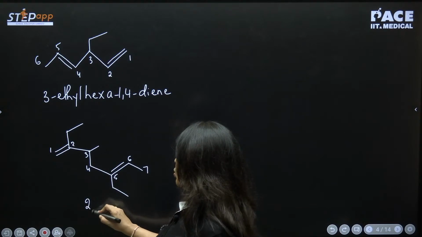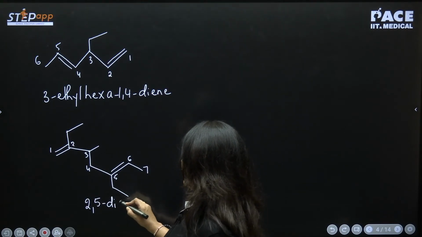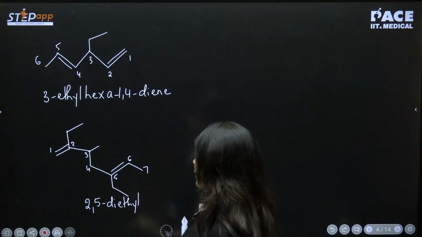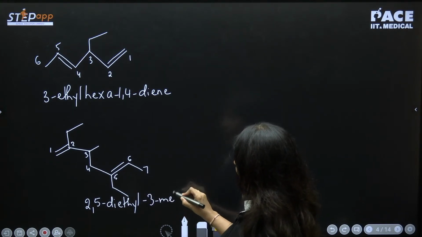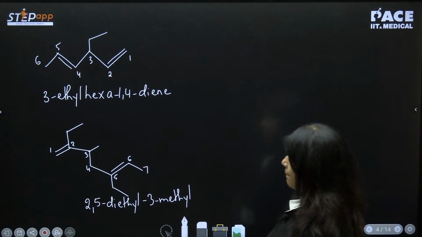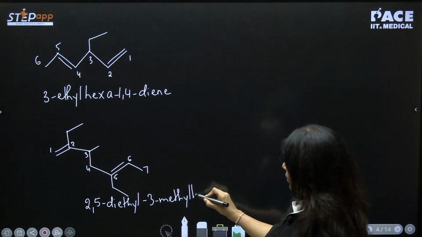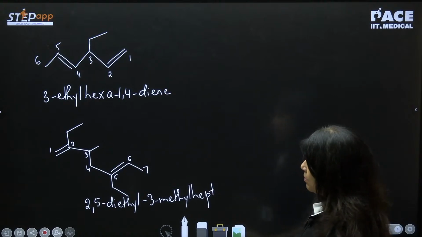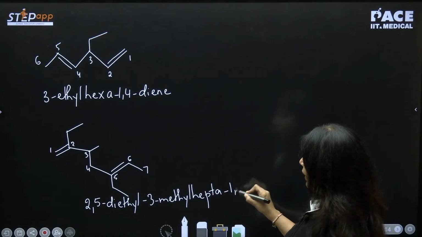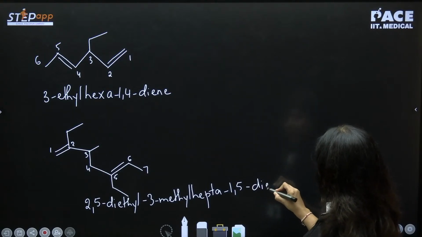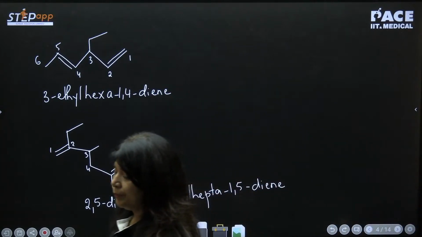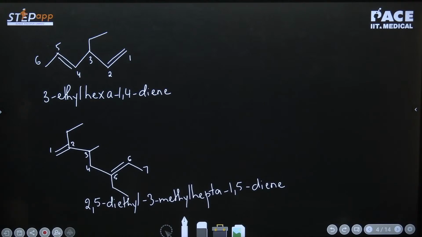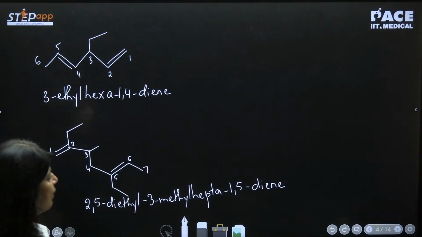It is 2,5 diethyl, 3 methyl. 7 carbon, so root word hept, hepta 1,5 diene. Diene because there are 2 double bonds. So this is the IUPAC name of the compound, that is 2,5-diethyl 3-methyl hepta 1,5-diene.